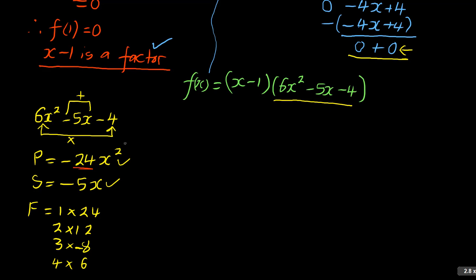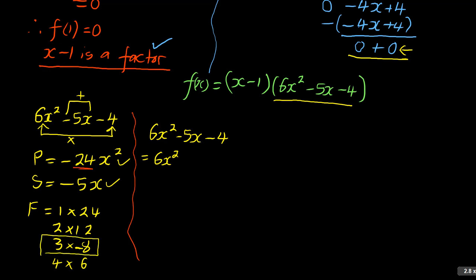Now, when you have done that, you're going to rewrite it as 6x squared minus 5x minus 4 is equal to 6x squared. Now, where there is minus 5x, you come back to your factors here, and in each you put x.